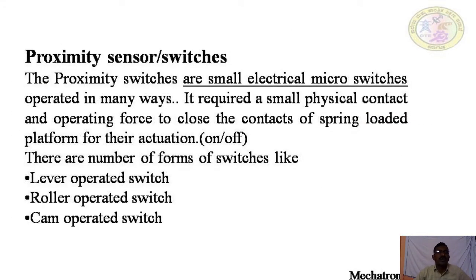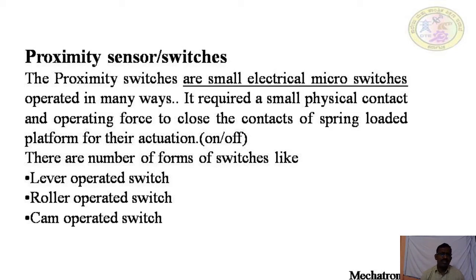The next one is the proximity sensor or proximity switches. Usually, these are small electrical micro switches operated in many ways. They require a small physical contact and operating force to close the contacts of a spring loaded platform for their actuation.